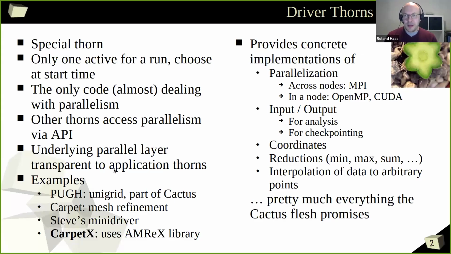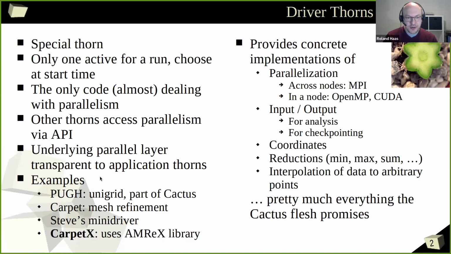This normally calls MPI these days, but in the past there were different parallelization schemes that you could potentially use. In fact, there was a small project where people tried to use different parallelization backends with the Einstein Toolkit.